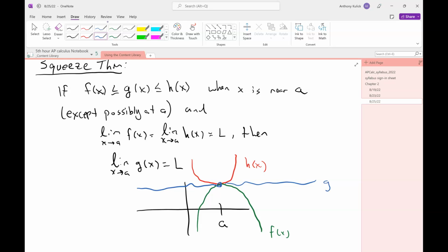That's my g of x. If those two functions are bounding g of x and their limits exist, then g's limit exists and it has the same limit. That's basically what this is saying.